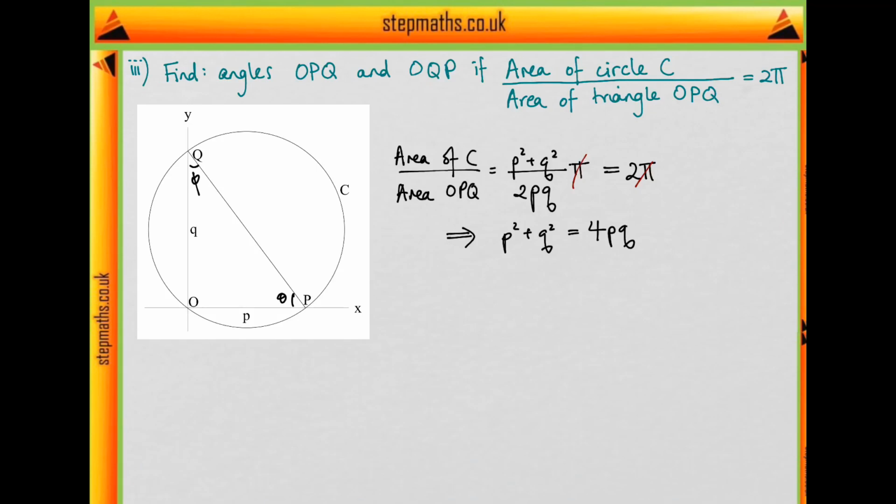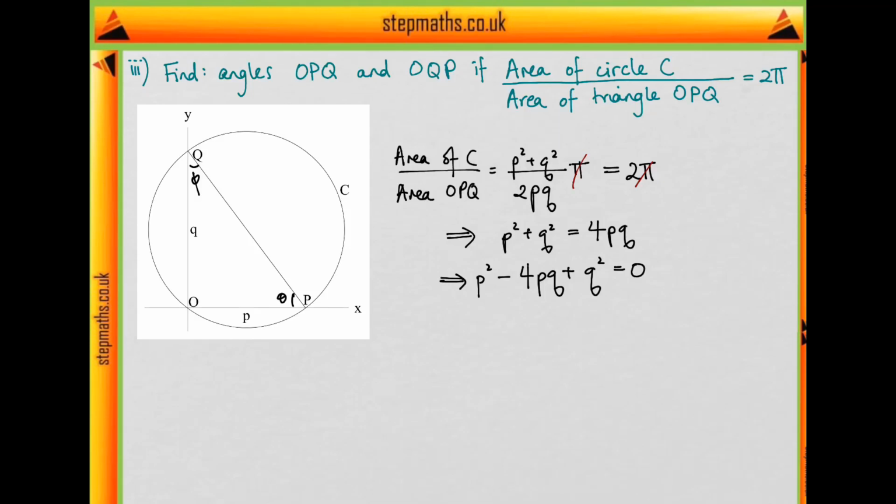So I guess we'd quite like to know p and q, because then we'd have the sides of this right angle triangle, and so we'd be able to use trig to work out the angles. So if we try and find p and q from this, let's rearrange. We can rearrange to get this, which is like a quadratic, but we've got two variables, or two unknowns, and it's not one we can easily factorize.